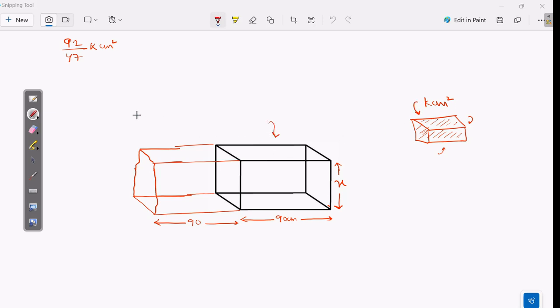So what will be the surface area of two of them? If you know the surface area of one is k, what will be the area of two? 2k. Okay, so this is the area of the combined prism.